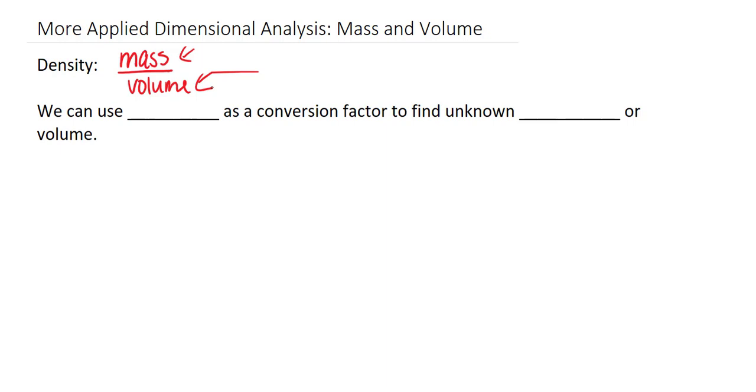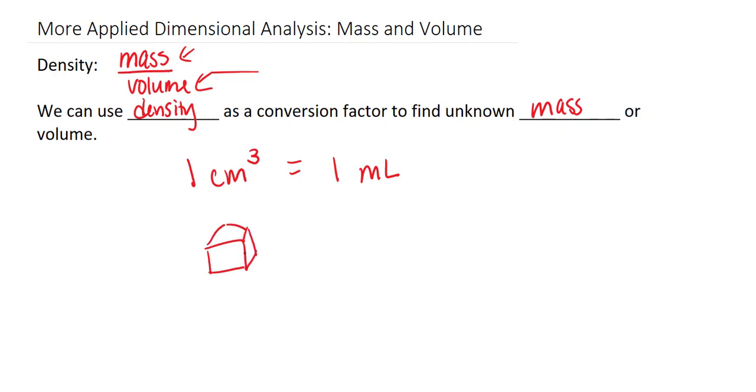So we can use density as a conversion factor to find an unknown mass or volume. And then what's also really important to know is 1 cubic centimeter is equal to 1 milliliter. So, right, it's just a space like that.